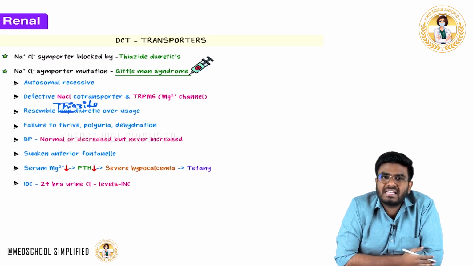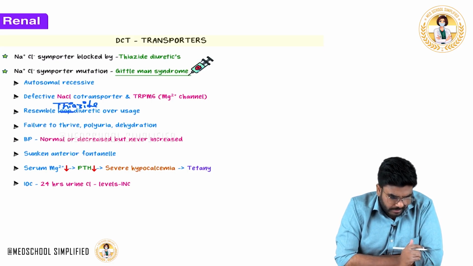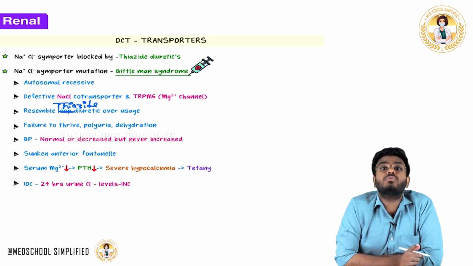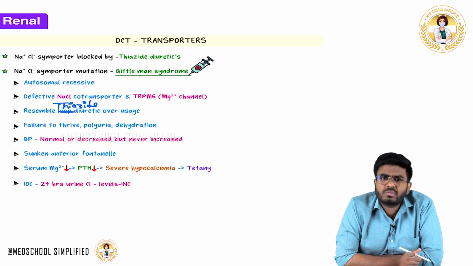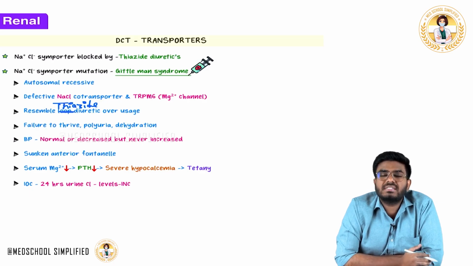So natriuresis, calciuresis, magnesuria, all these substances are lost in the urine. The sodium which was supposed to be reabsorbed in the DCT is now going out in the urine, and wherever sodium goes, water follows. So this baby, a neonate, is having dehydration. Polyuria is there, and that will cause dehydration.